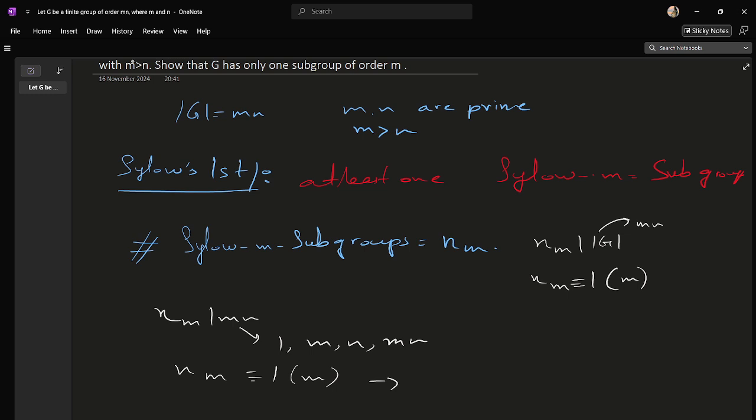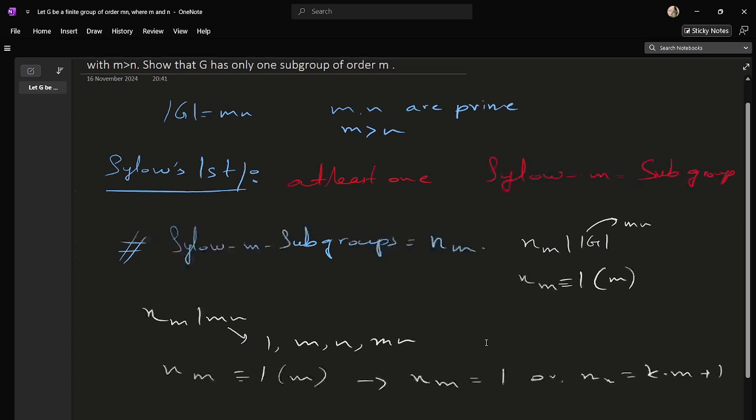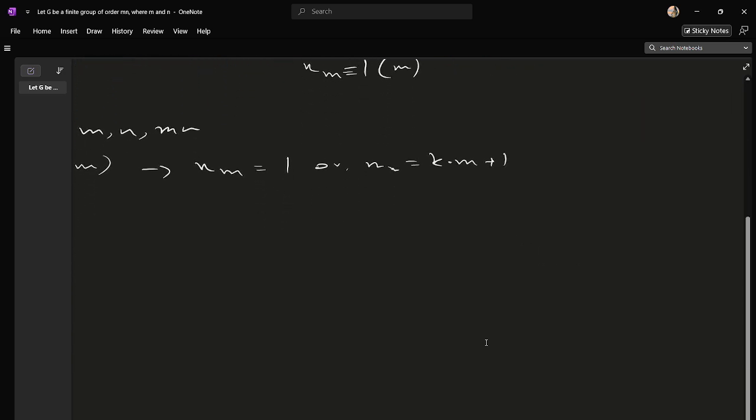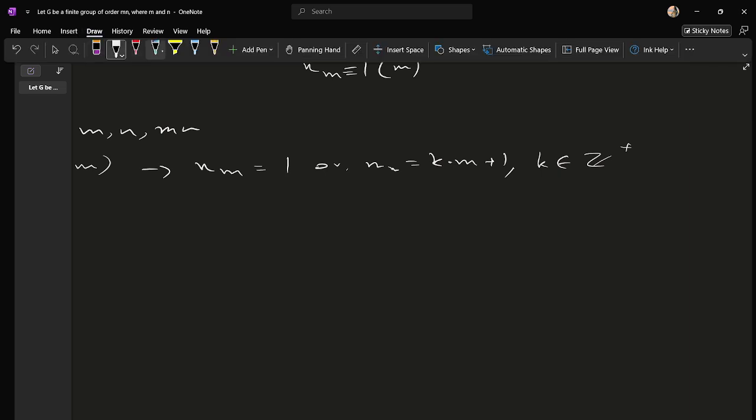Then either n_m will be 1 or n_m will be km plus 1, a multiple of m plus 1, where k belongs to the positive integers, that means natural numbers.